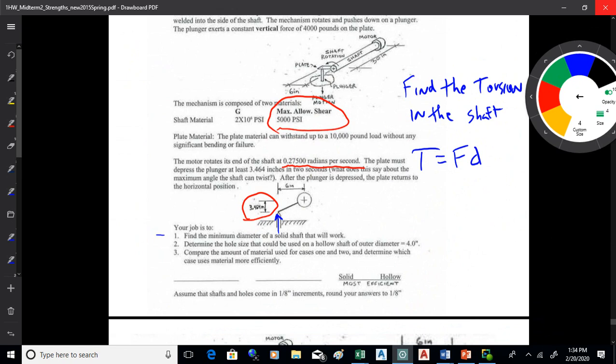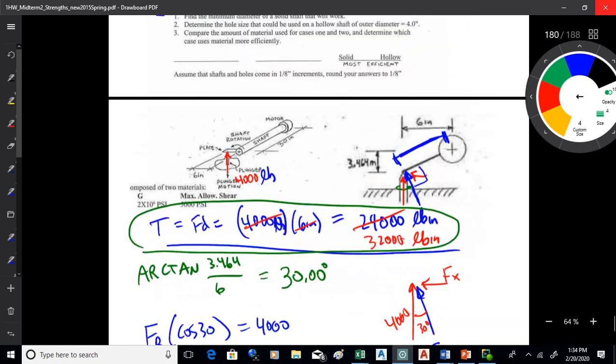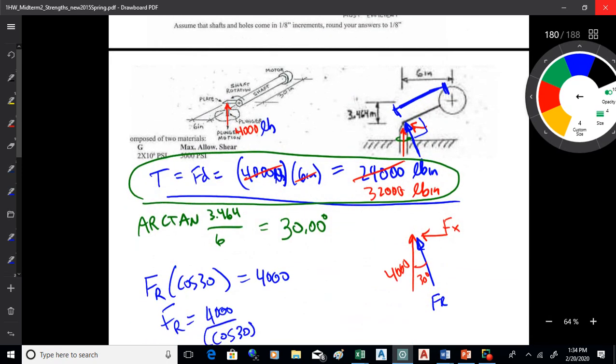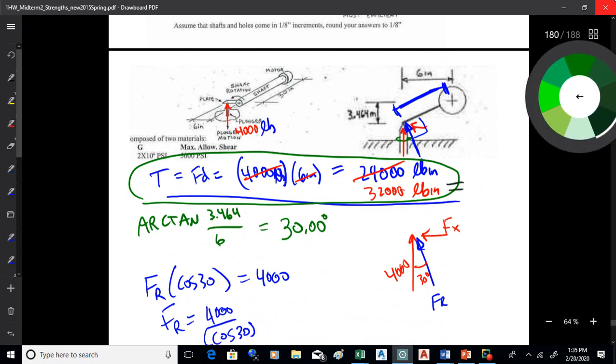All right, then the last one here is finding the torsion in the shaft. Okay, and then we want to size the shaft. So the first thing to do was to find the torsion, and we want to get to 32,000 pound-inches. And what that equals, when you find that, should be force times distance.